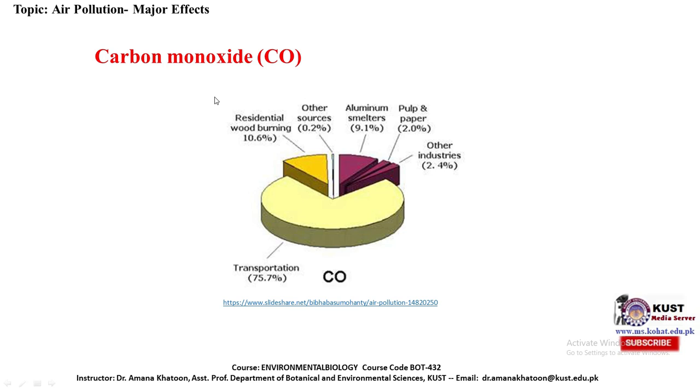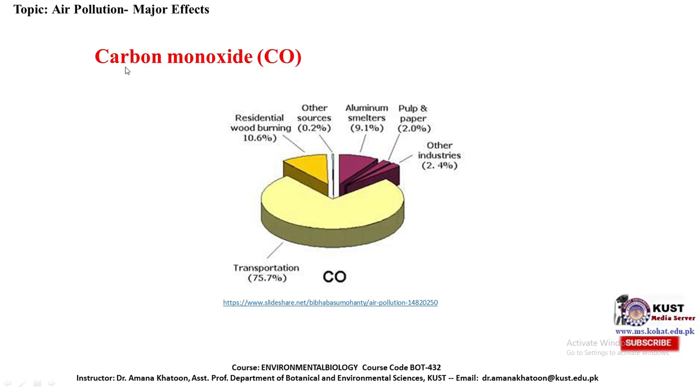So students, in this lecture we will briefly discuss all pollutants, their main sources, through which sources they are discharged into the environment, and then we will move on to their effects.